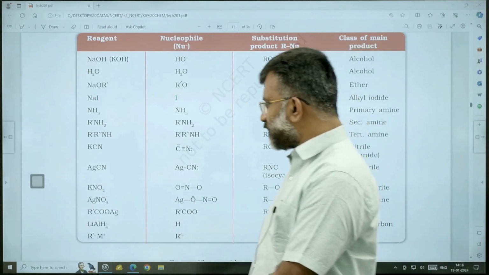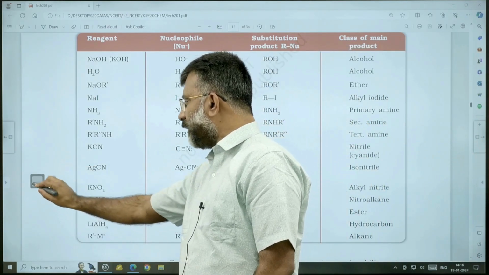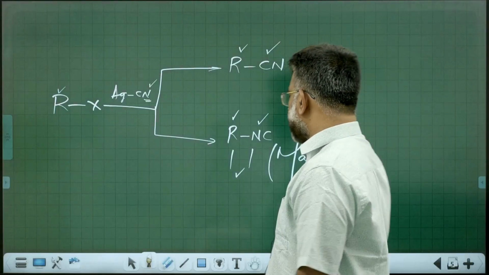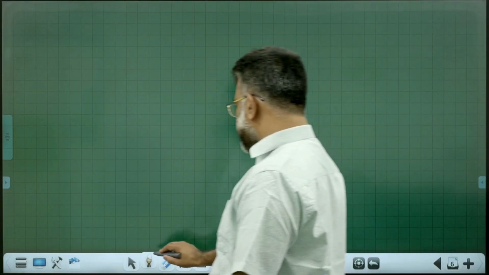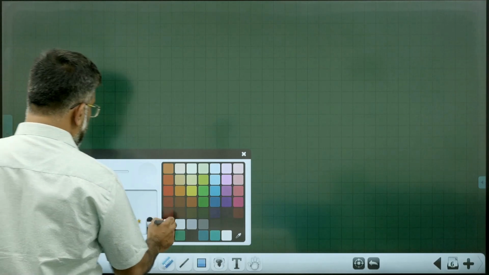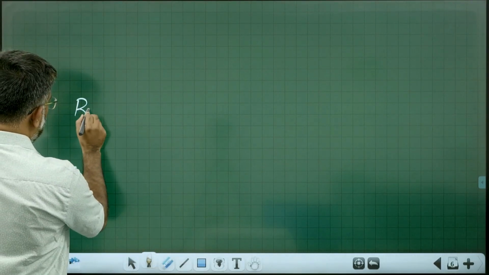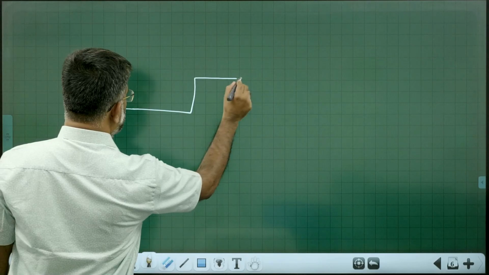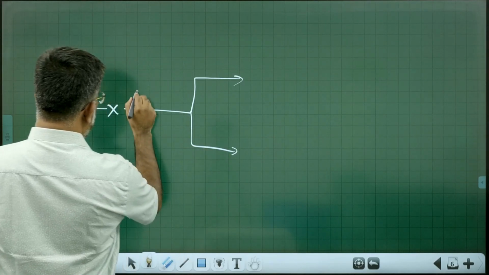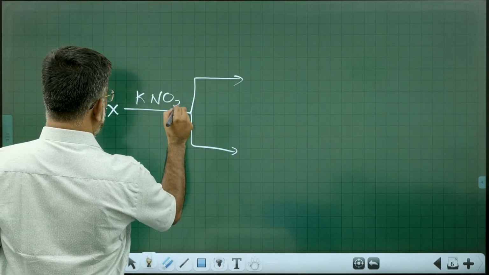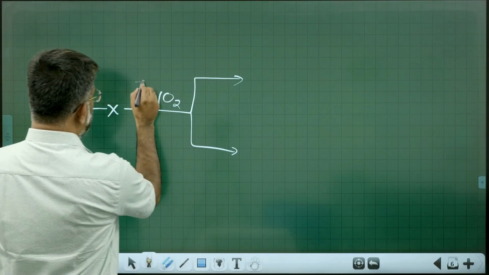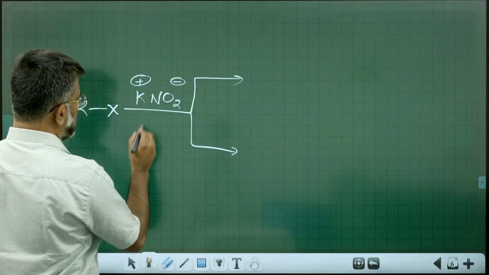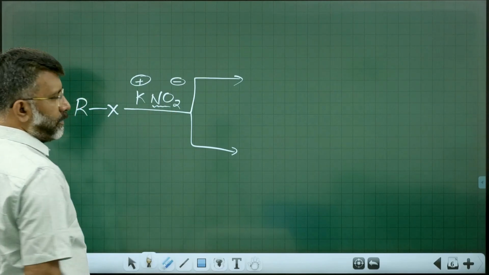A similar discussion comes with KNO2 and AgNO2. If we are dealing with an alkyl halide treated with KNO2, a similar story. You can see this is again K plus and NO2 minus. This is an ambident nucleophile.